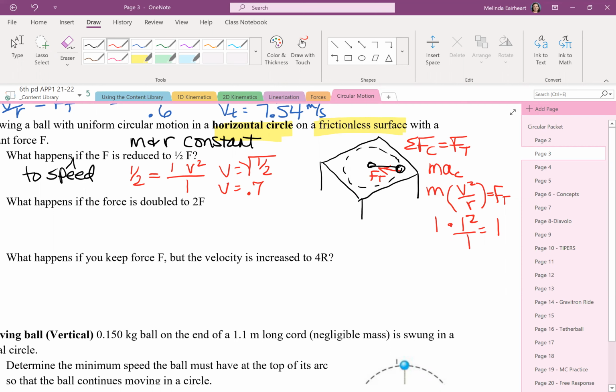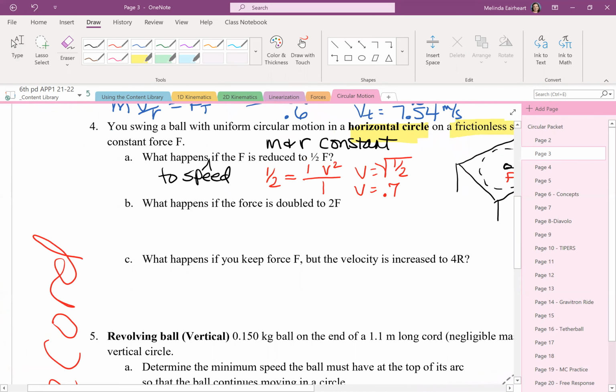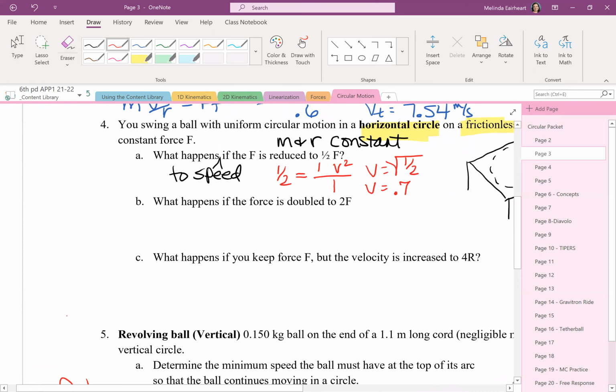It decreased, but not quite half. Good deal? And why not? Because it's v squared. You had to do a square root. And so v, or speed there, decreased, but not by half. Everybody good with that?